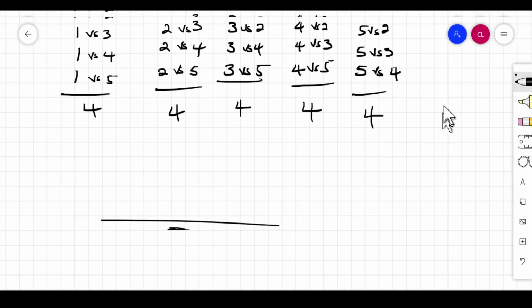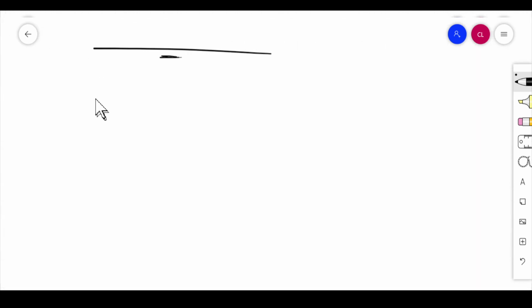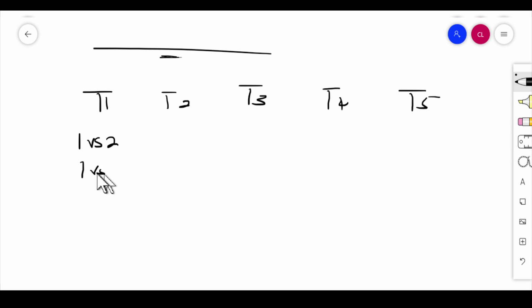For that setup, we would have to think of it in terms of team 1, team 2, team 3, team 4, team 5, and we would have 1 versus 2, 1 versus 3, 1 versus 4, 1 versus 5. Now 2 would have played 1 already, so it would be 2 versus 3, because 1 and 2 play already.